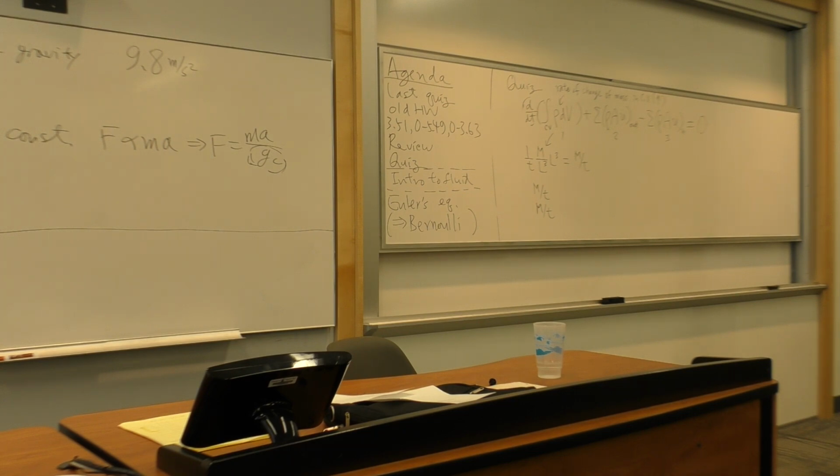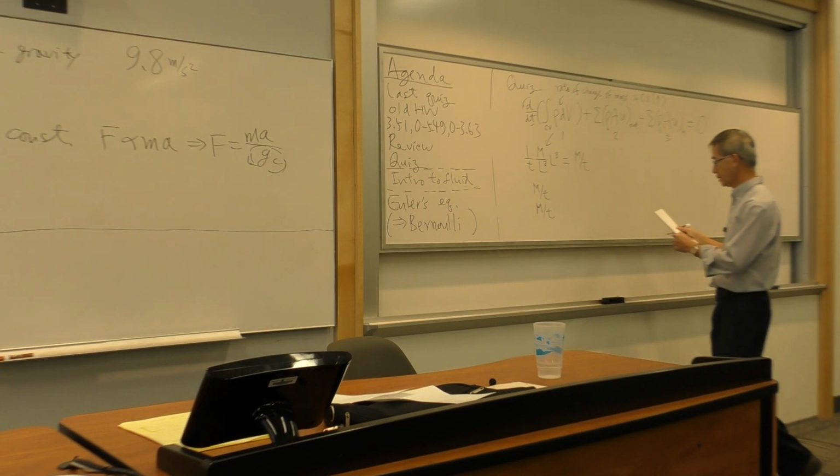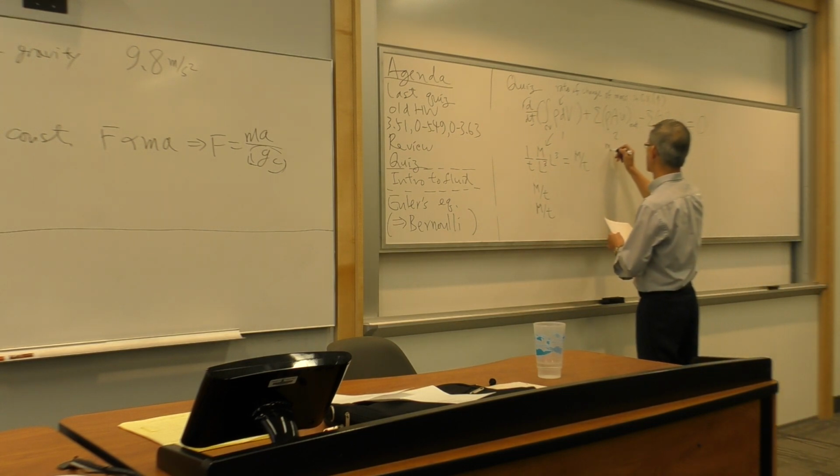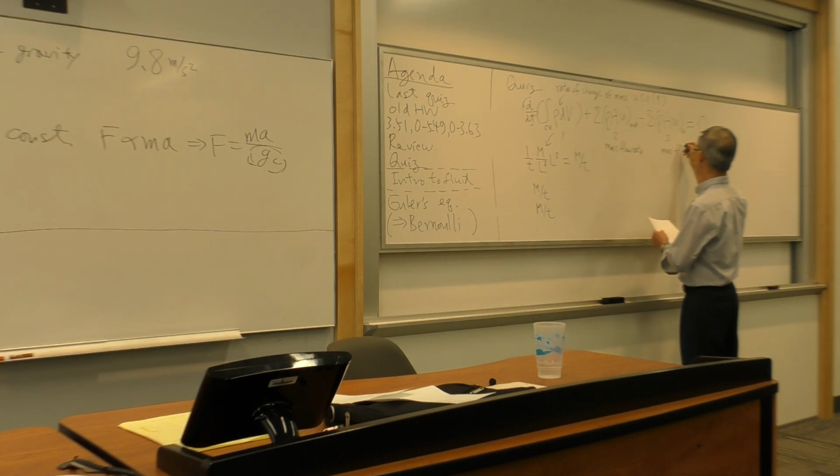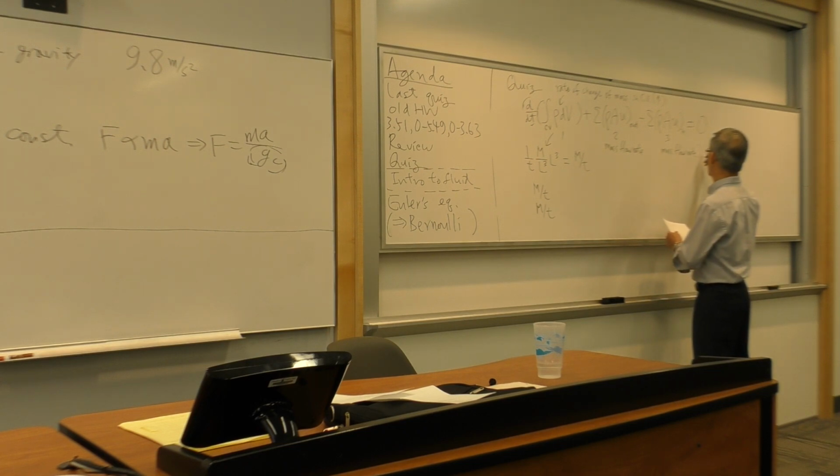The other two terms, 2 and 3, are simply mass flow rate out minus mass flow rate in.